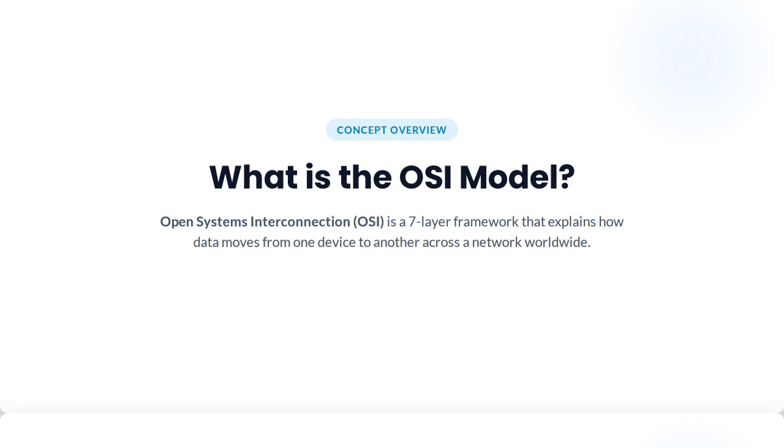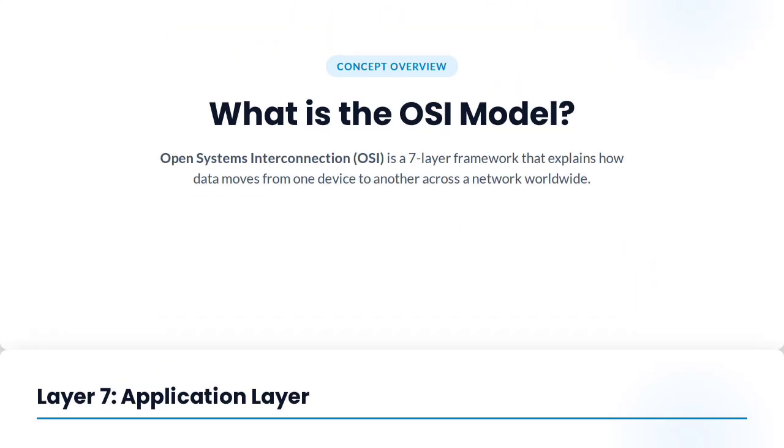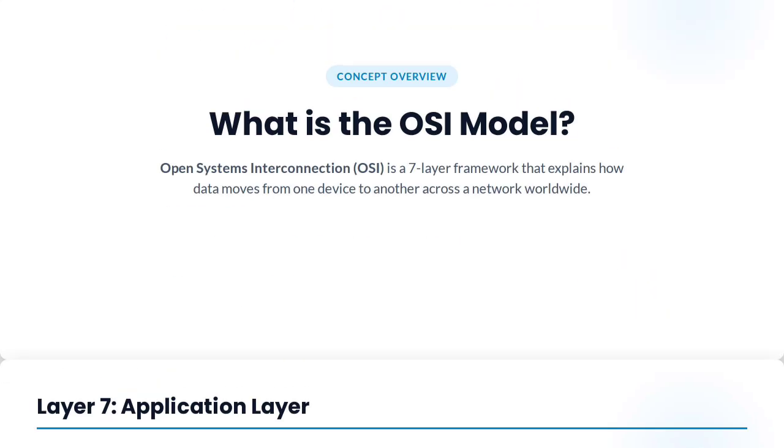We are going to learn one of the most fundamental topics in computer networking: the 7 layers. Okay, let's start. What is the OSI model? OSI stands for Open Systems Interconnection.